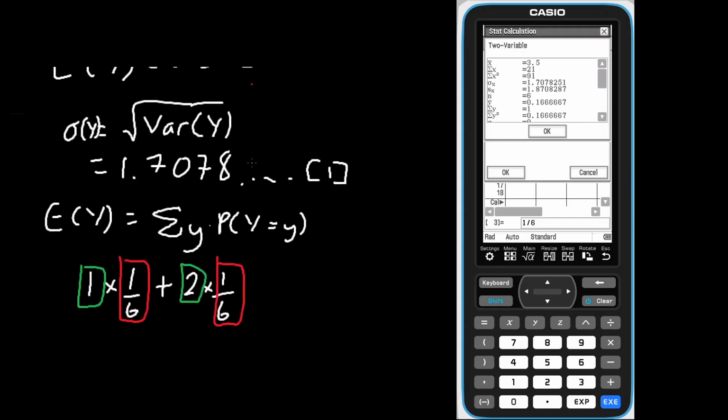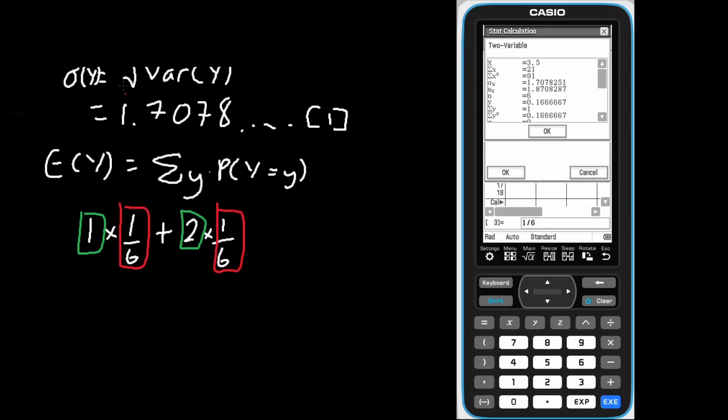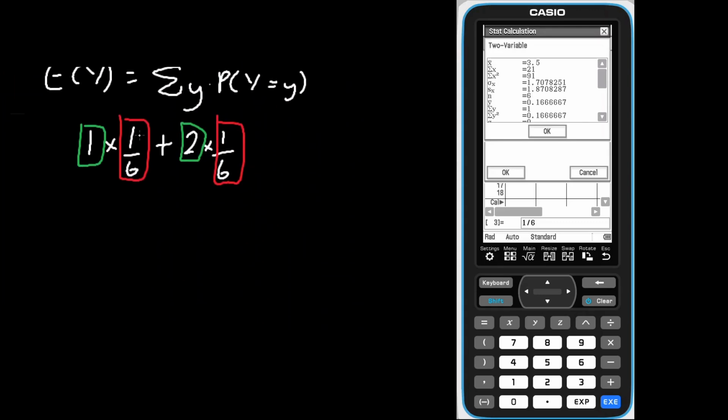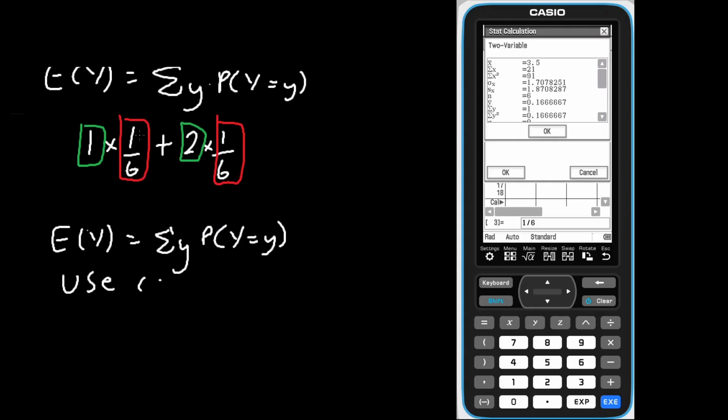So literally all you're going to need to do for your marks is say E(Y) is equal to the sum of y and then the probability that corresponds to it. Okay, and then say use calc. All right, and then just give your answer, that 3.5. Boom, there's your 2 marks. 1 mark here and 1 mark here.